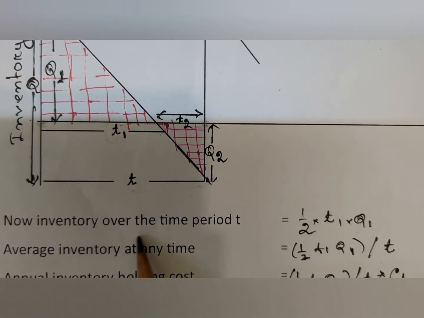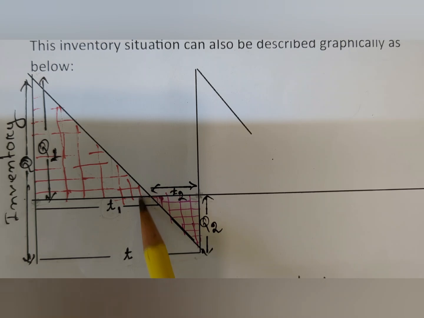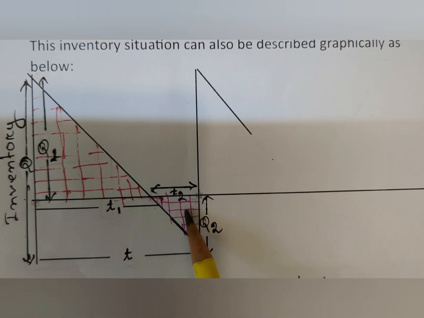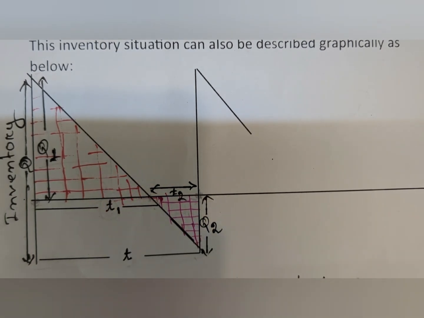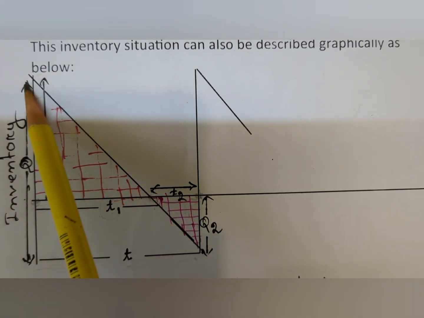Okay. Now see a few calculations. The inventory over the time period T will be this area, because these are the shortages, these are not inventory. Inventory over the time period T is equal to the area of the triangle.